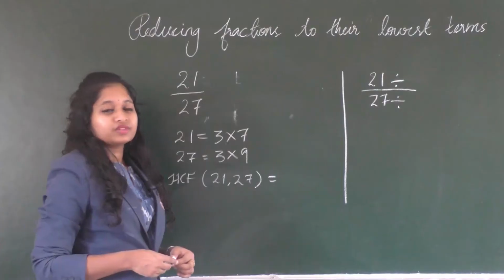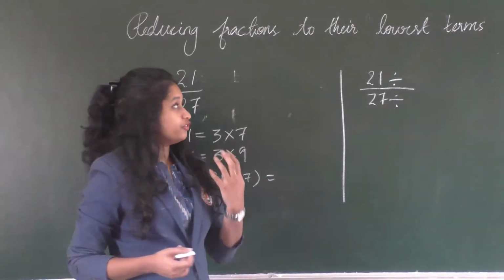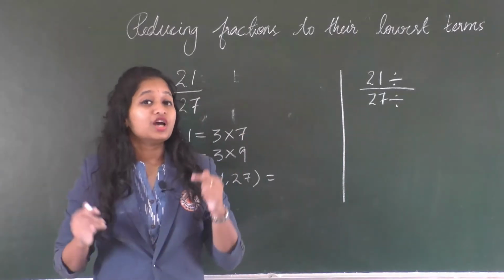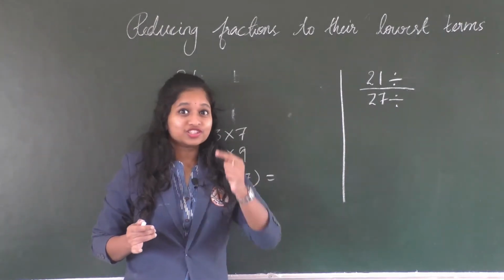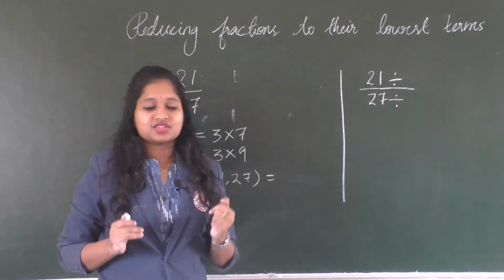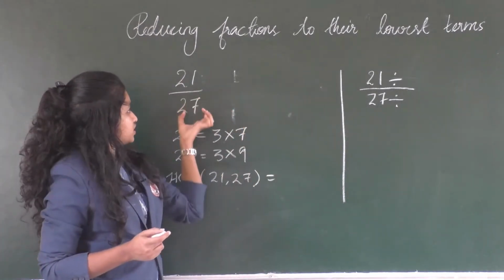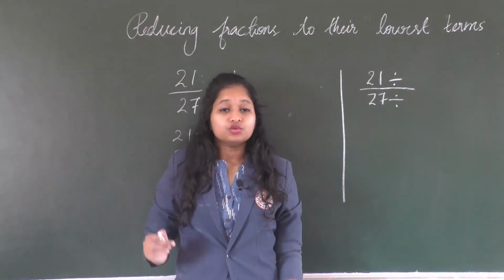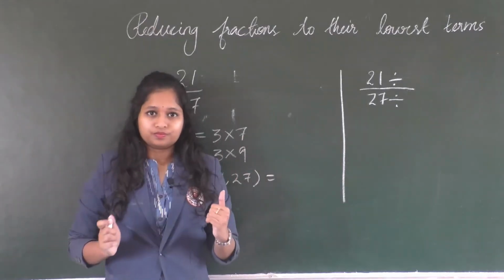Got it? So, children, now let us learn how to reduce a fraction to its lowest terms. So, here you have to use the concept of HCF. You have already learned it, right? Yes. So, here I have a question 21 by 27. Now, the question is to reduce this fraction to its lowest term.